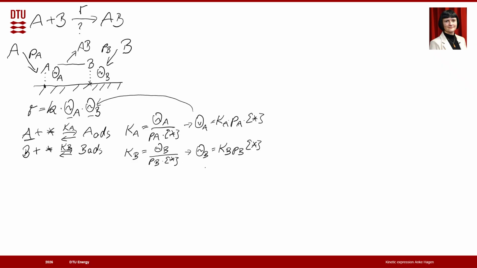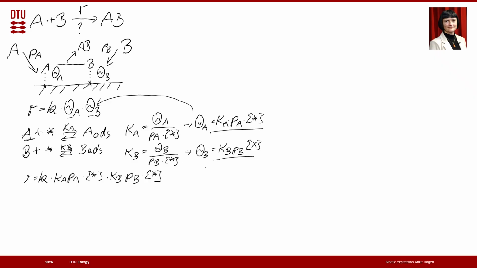And we obtain the reaction rate is equal to the reaction rate constant, and then we substitute this expression: equilibrium constant times partial pressure times concentration of free sites, times, now for B the same, equilibrium constant times partial pressure times free surface sites.